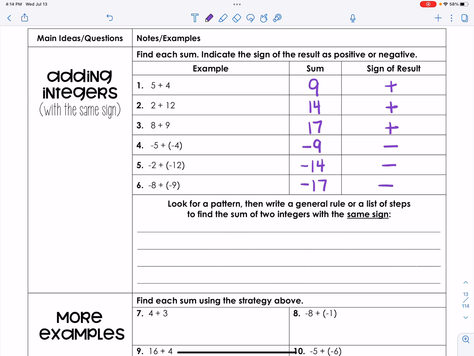It says, look for a pattern, then write a general rule or a list of steps to find the sum of two integers with the same sign. This is what I have been talking about. If the numbers have the same sign, you're going to add just the numbers, don't worry about the signs.